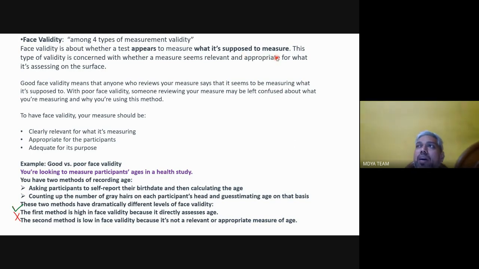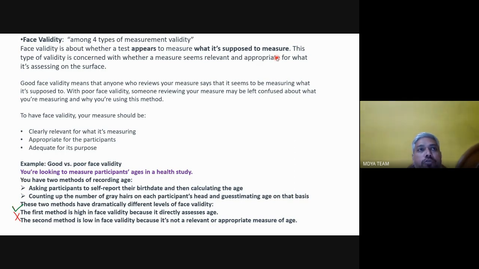If you prepare a questionnaire and you want to measure the taste of the tea, say you open a tea shop and prepare a questionnaire asking how the taste of the tea was, you include only questions related to tea.